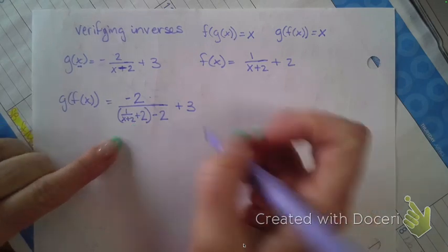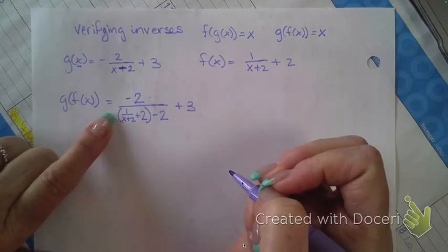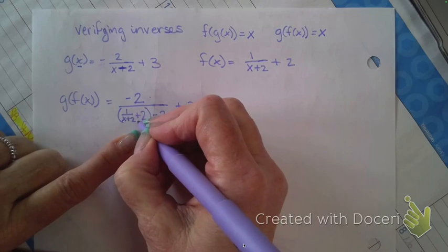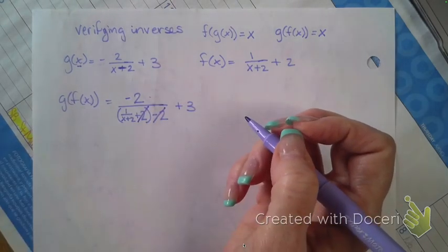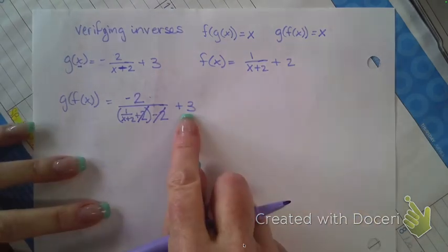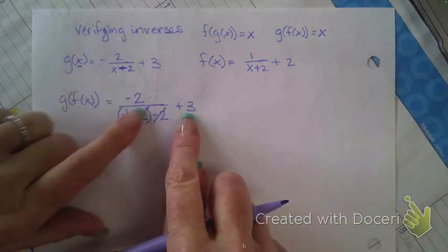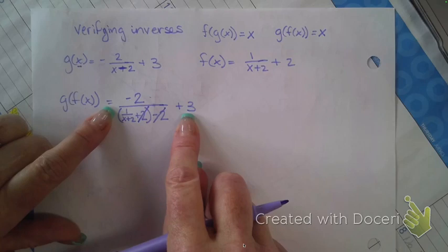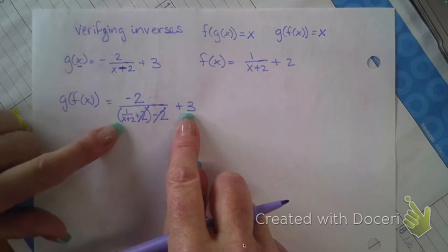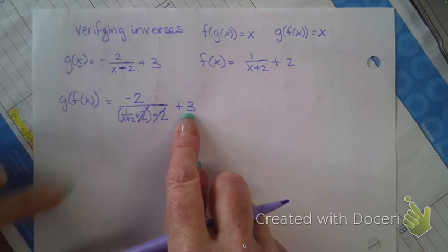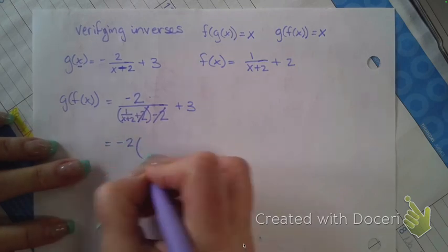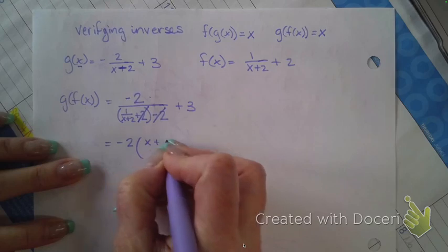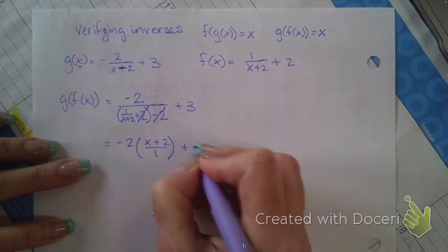And there's nothing in front of it, so this plus 2 and minus 2 is 0, yes? Okay. Well, this plus 3 I can't do anything with until I do the division, yes? Well, when I divide by a fraction, I multiply by the reciprocal. So that gives me negative 2 times x plus 2 over 1, plus 3.